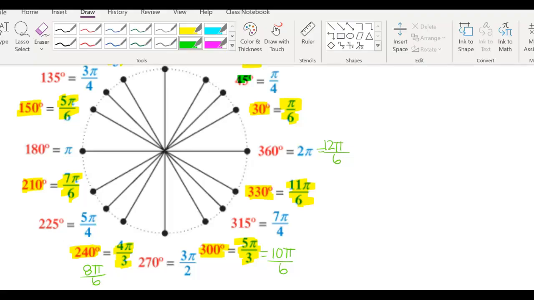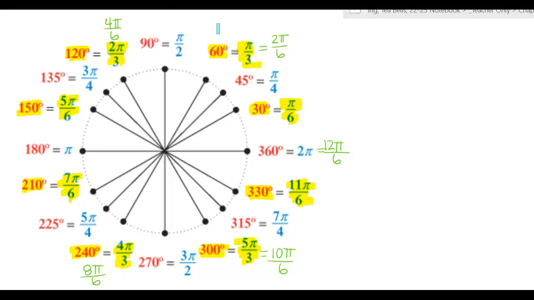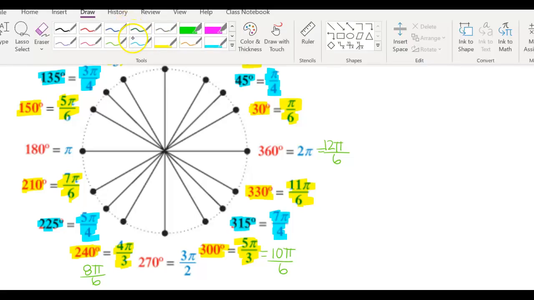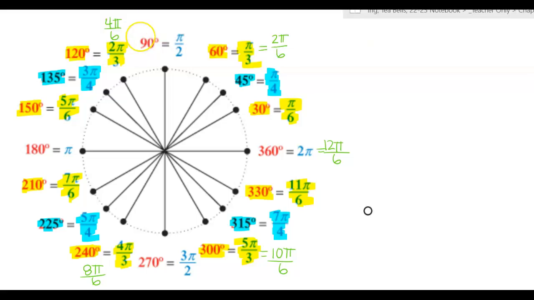Okay, the middle ones, let's just do blue. So the 45s here all go together. They're all simplified increments of fourths. So you have your pi over 4, your pi over 2 up here, which would be 3 pi over 6.